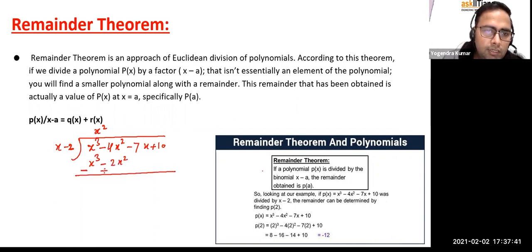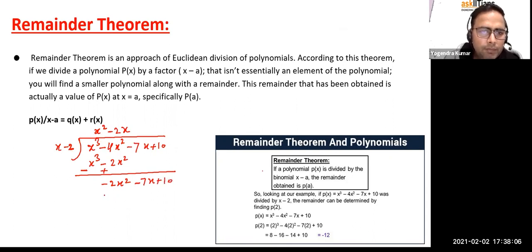Minus minus plus, in subtraction the sign changes, so the first term gets cancelled, and we get minus 2x square. Next we write minus 2x, so that we can make this term exactly here. Let's bring the above terms down here.